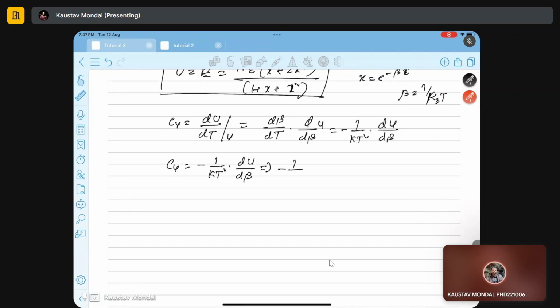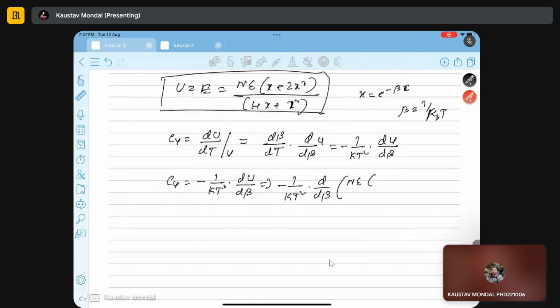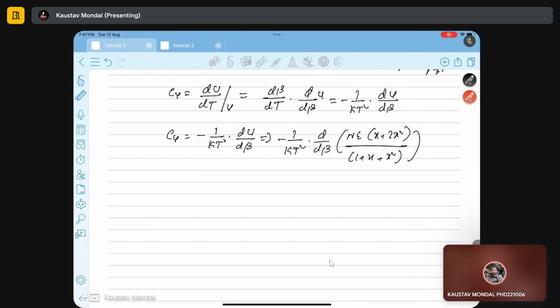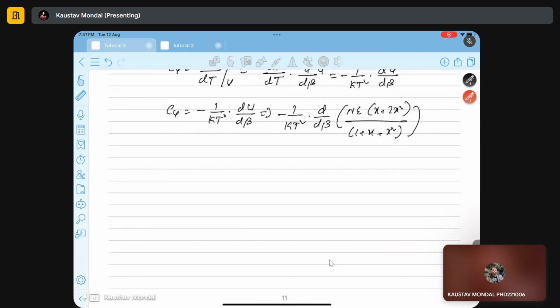So that means minus 1 by kBt squared d by d beta of N epsilon times (x plus 2x squared) by (1 plus x squared). That simply gives you, now we can take 1 by kBt squared as a whole common. You have to do the whole derivative.